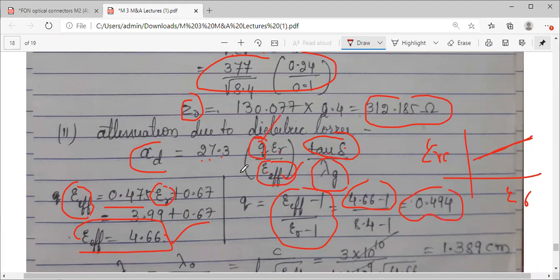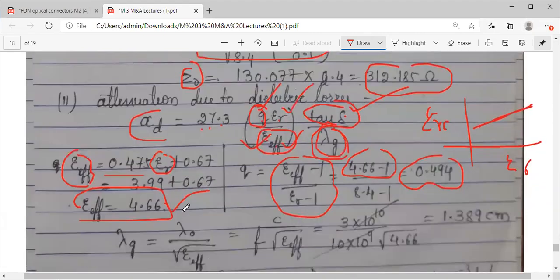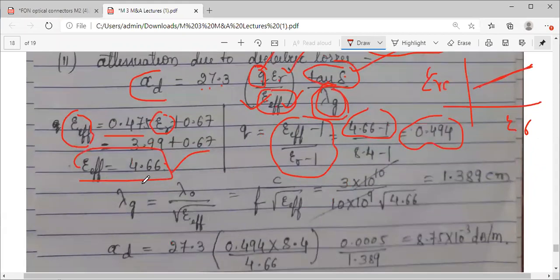So Q is calculated, epsilon effective is calculated, tan delta and epsilon r are given. The remaining one is lambda g. We know that the guided wavelength lambda g is equal to lambda naught divided by root of epsilon effective, where lambda is C by F, since C equals F lambda.